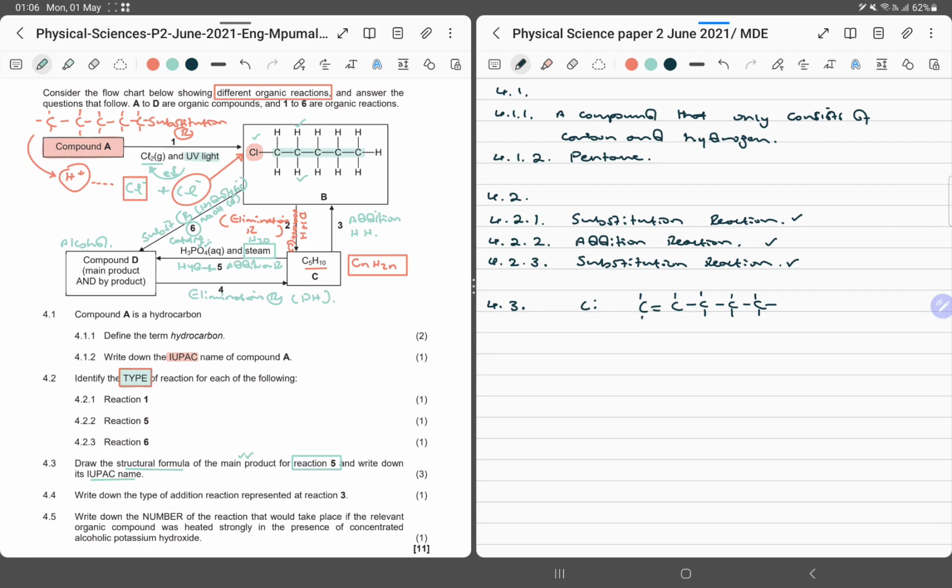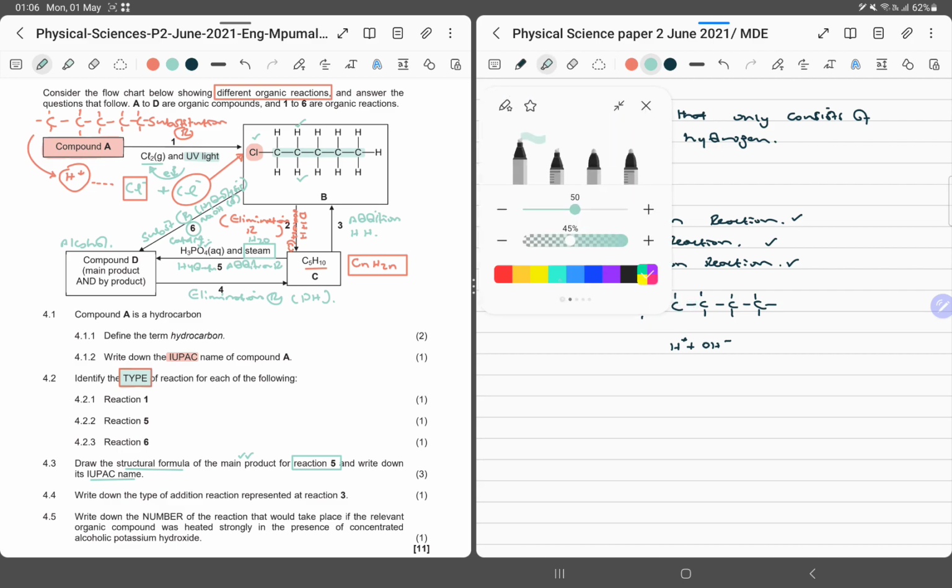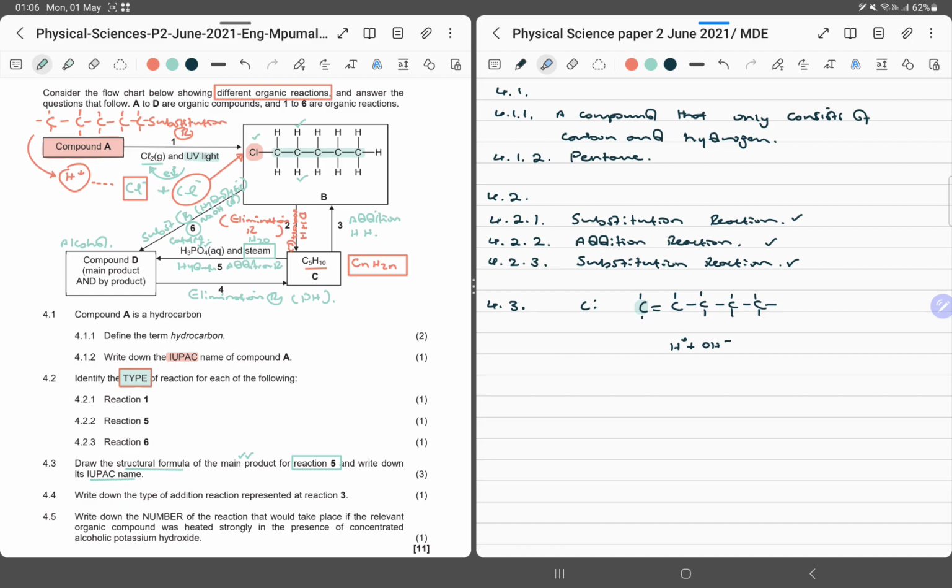So when we add water, we know water is going to ionize into hydrogen and OH minus. So Markovnikov says this OH group will go to the carbon. Remember, you always look at the 2 carbons participating in the double bond. You don't look elsewhere because you're going to burn. Now of these 2, the one which has the most hydrogens is the first one.